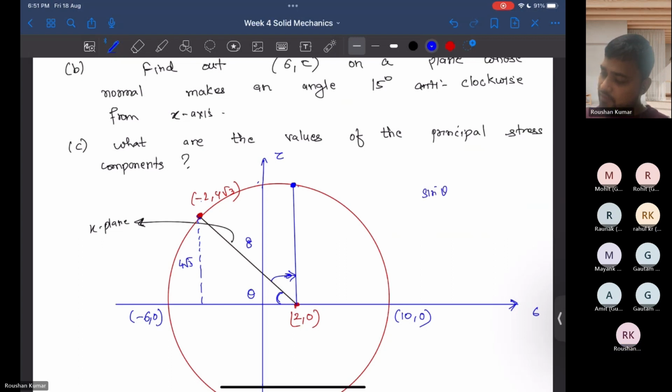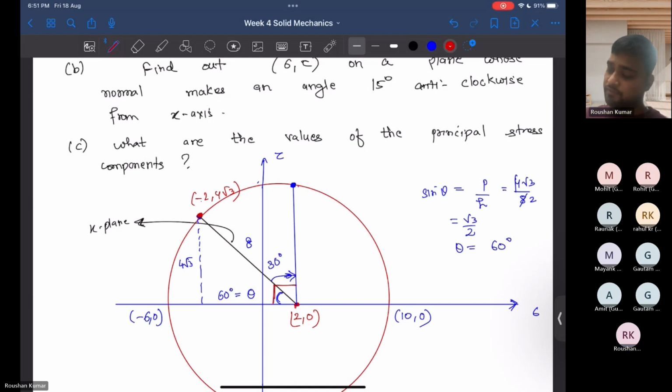Sine theta is perpendicular by hypotenuse, that is 4 root 3 by 8, that is root 3 by 2. So theta becomes 60 degree. And then we have to move a 30 degree angle as according to the question. So this completely makes an angle of 90 degree.